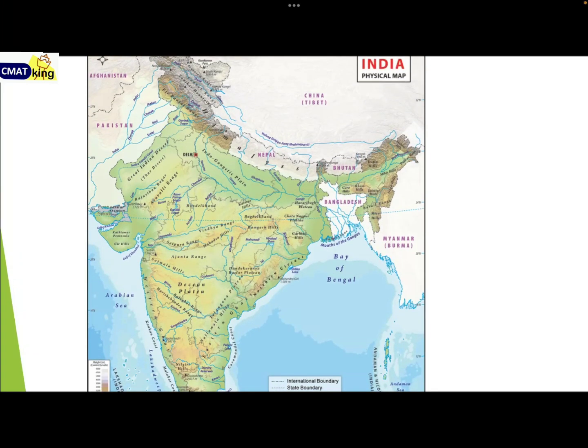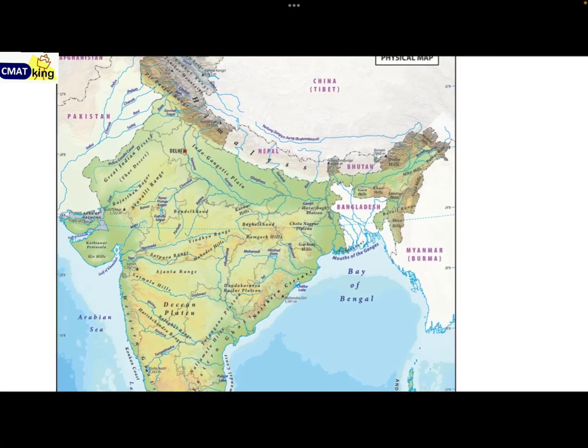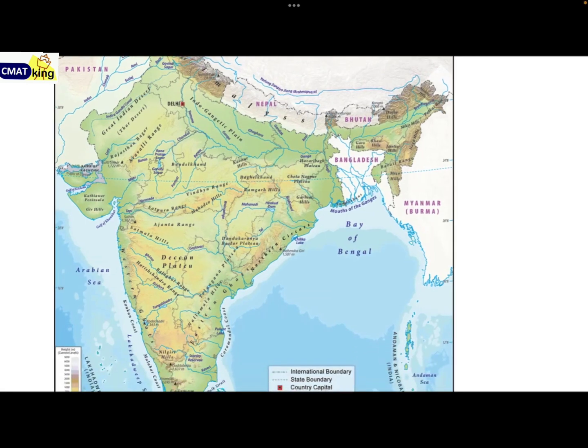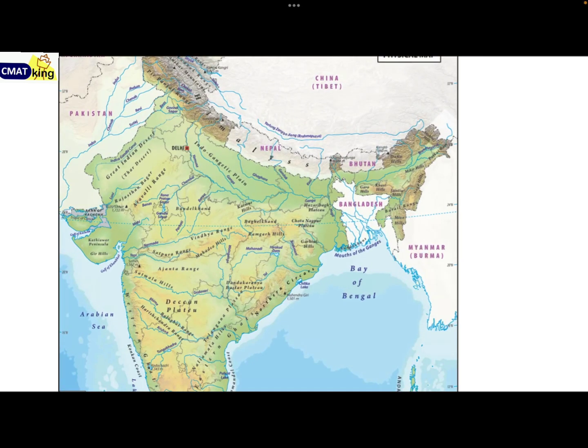See, whenever you look at a map, you have to look at all the rivers. For example, if you look at the Ganga, you have to look at all its tributaries. Ghagra, Gandak, Kosi. Then you have to see where, in which direction they are flowing. For example, Ganga would be west to east.